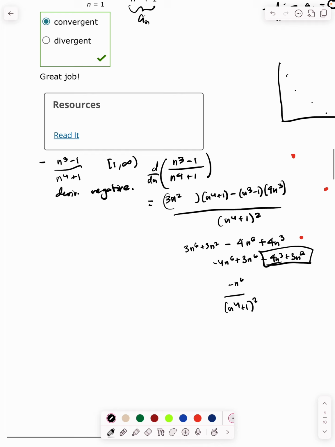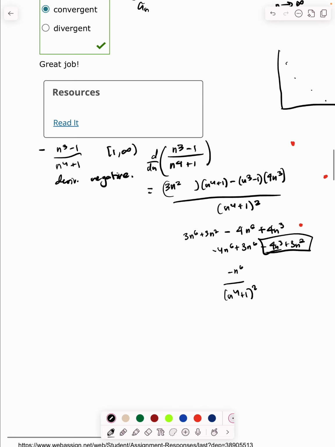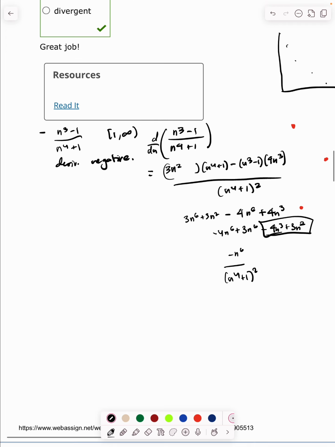The alternating series test is hard if you don't know what the function looks like, because you have to make inferences about the derivative and guess whether it will actually always be negative. I hope I was able to show the process of how you decide if the function is decreasing or not. We agree that the function is decreasing because the derivative is negative, essentially a negative n to the power of 6.